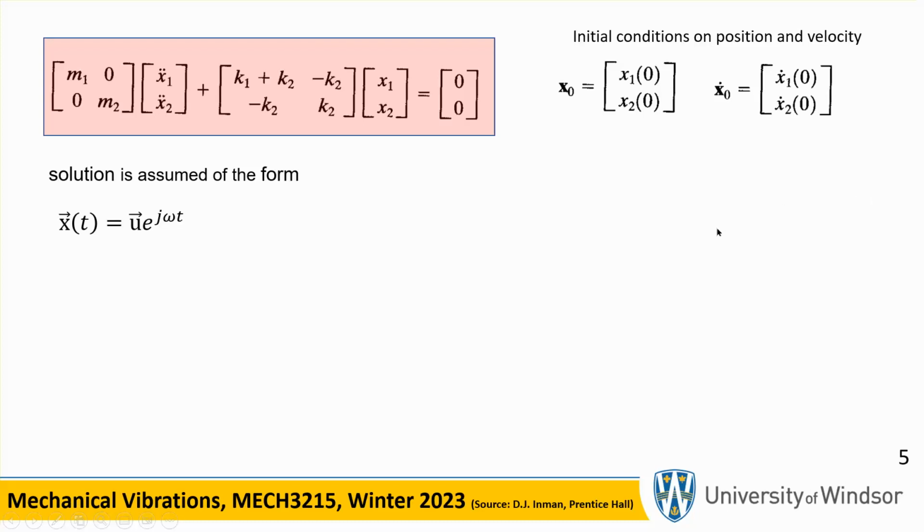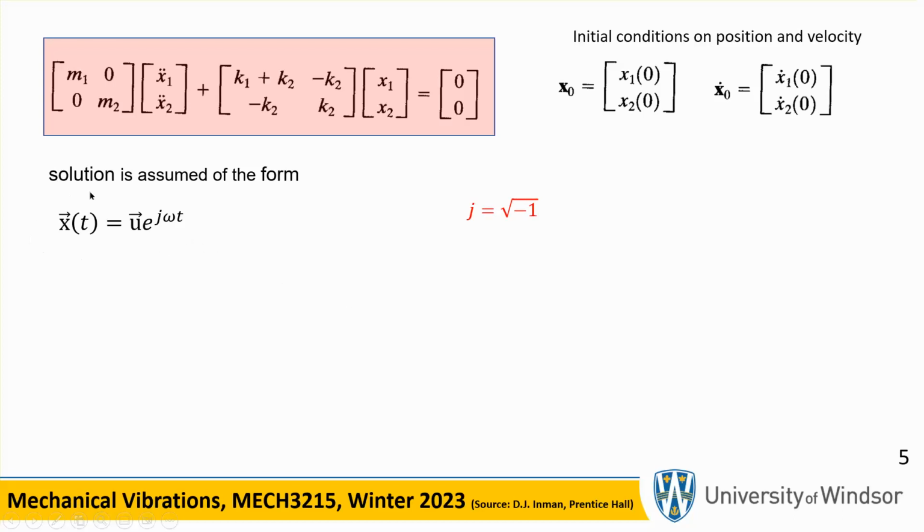Now, let me assume that this unknown vector x, which is a function of time, by the way, is a constant vector times this function. Now you might say, wait a minute, where did this come from? Well, first of all, j is the square root of minus 1.